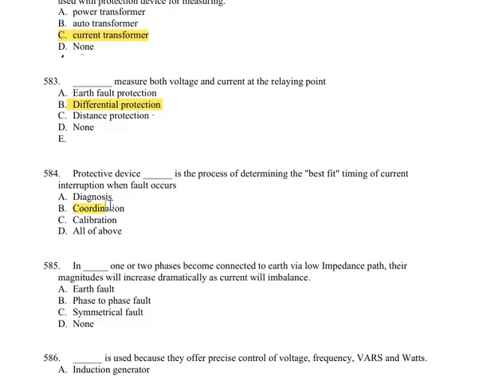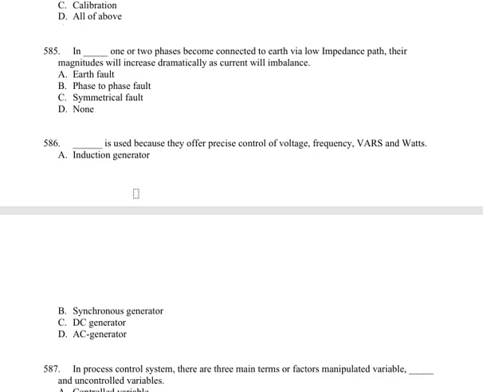In an earth fault, one or two phases become connected to earth via a low impedance path, where magnitude will increase dramatically as current with imbalance. Synchronous generator is used because it offers precise control of voltage, frequency, watts and watt.